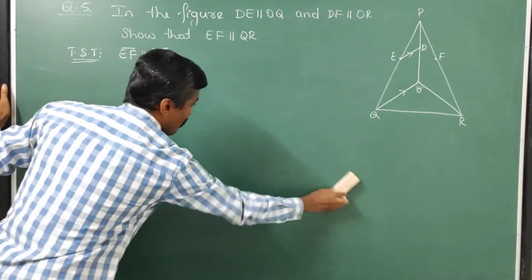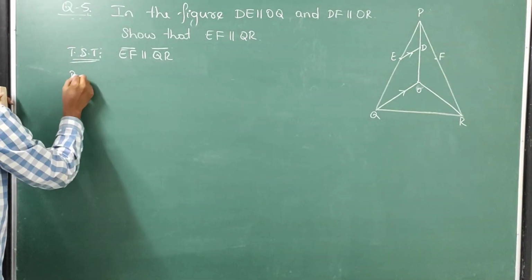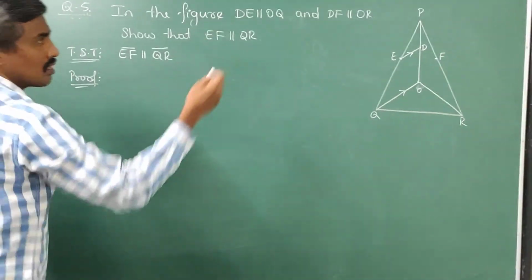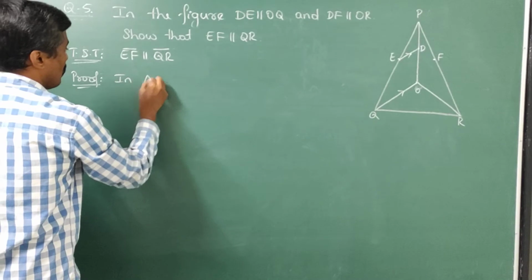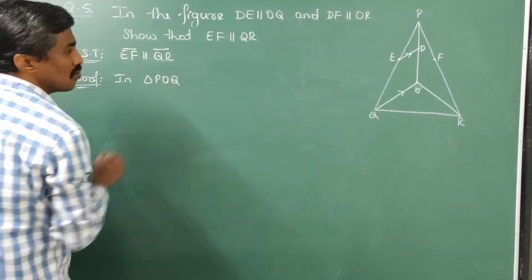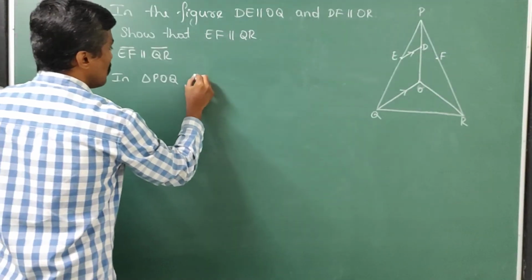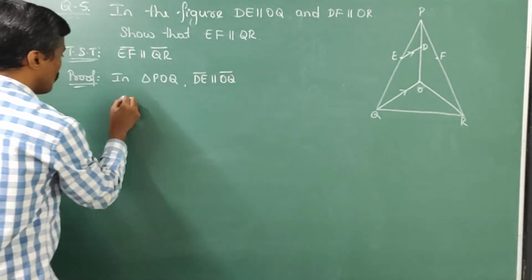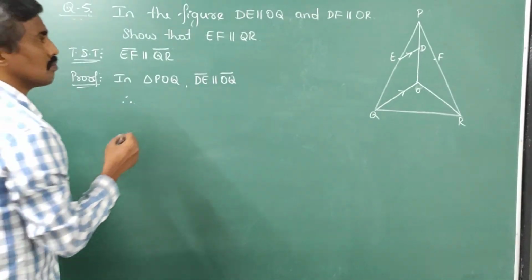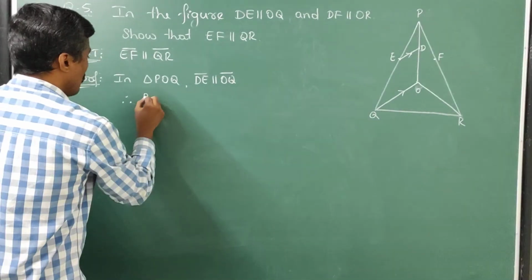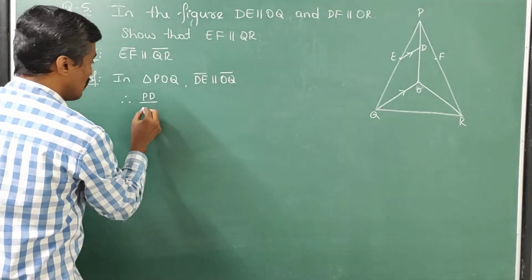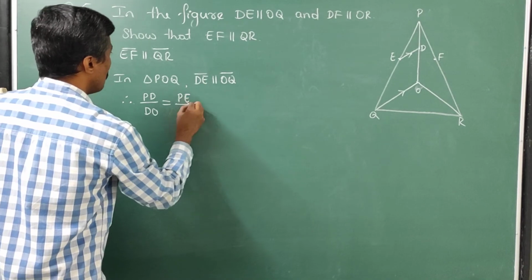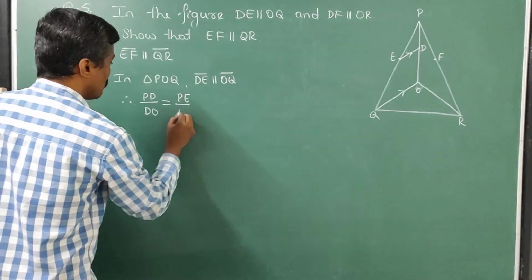Proof. First data is DE parallel to OQ. In the triangle POQ, DE is parallel to OQ. Therefore, according to Thales theorem, PD divided by DO is equal to PE divided by EQ.